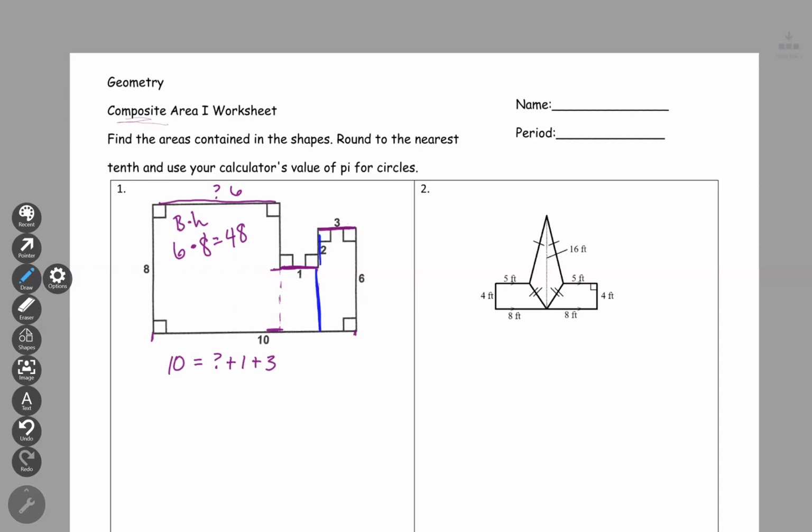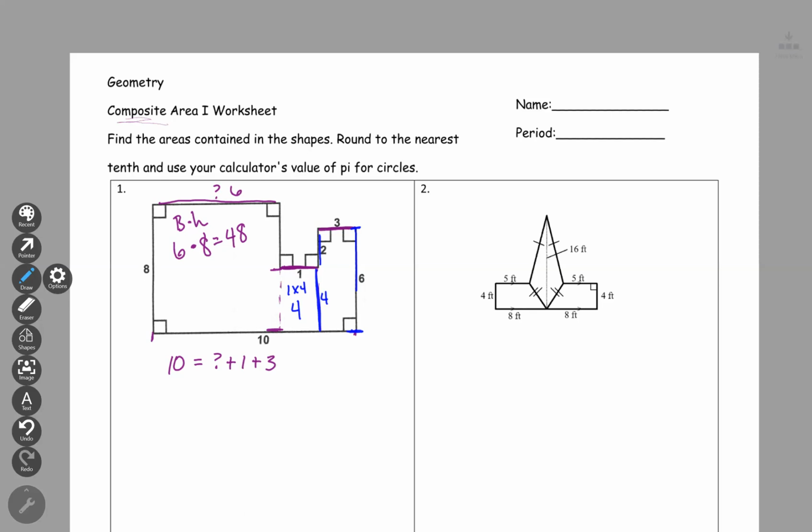All right. I can see that this section is 6 tall. So from the bottom up to the top here, this is 6. And then it's split up into 2 pieces over here. I have 2 and then this other part. So I think, okay, 6 minus 2, well, this part has to be 4. So the area of this section is 1 times 4. So that is 4.